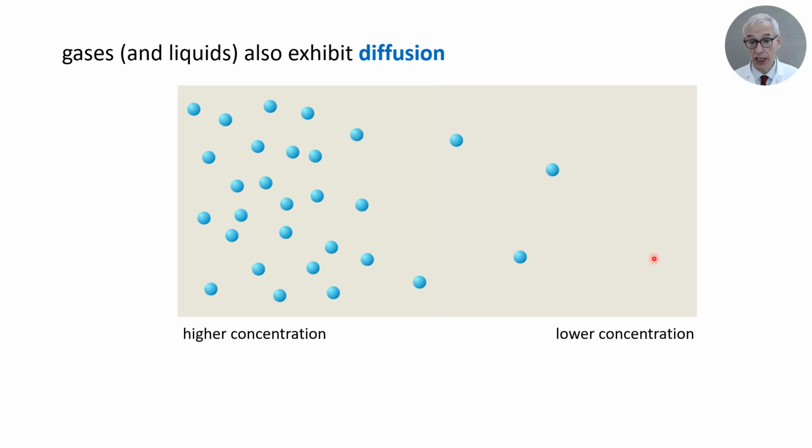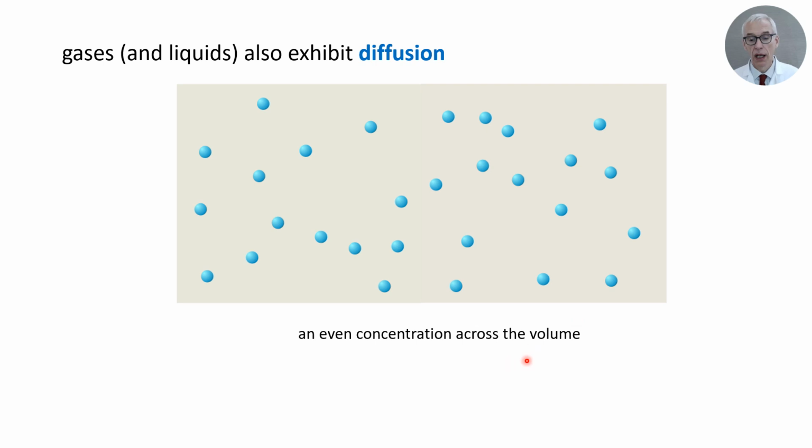However, over time, the concentration of particles will become even across the total volume. So we've moved from having high concentration in one region and low concentration in another into having an even concentration across the whole volume.